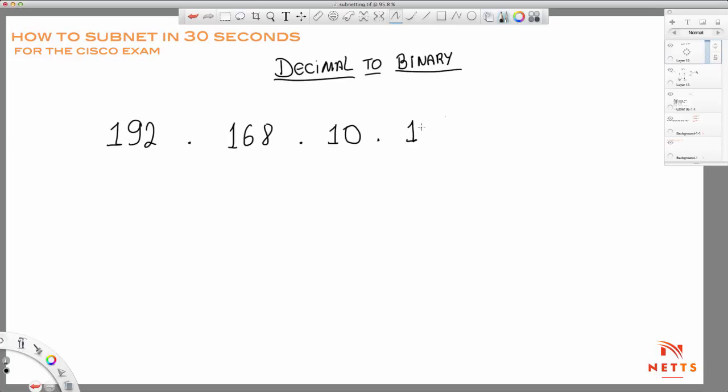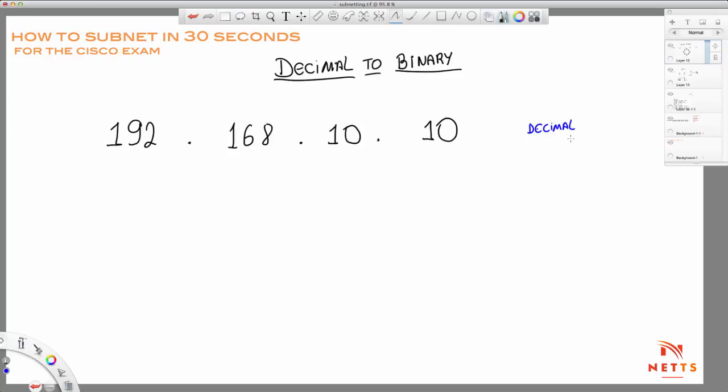From this IP address, which by the way is a decimal number, we're going to convert these to binary.